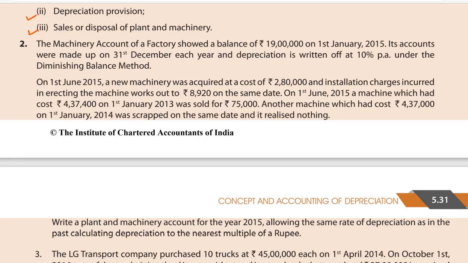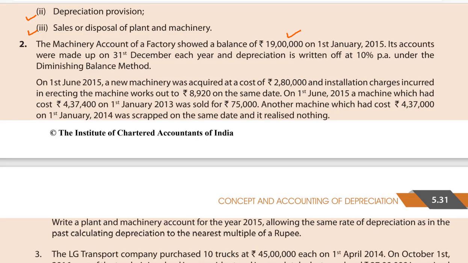The machinery account of a factory showed a balance of 19 lakhs on 1st January 2015. Its accounts were made up on 31st December each year, and depreciation is written off at the rate of 10% per annum under the diminishing balance method, that is the written down value method.